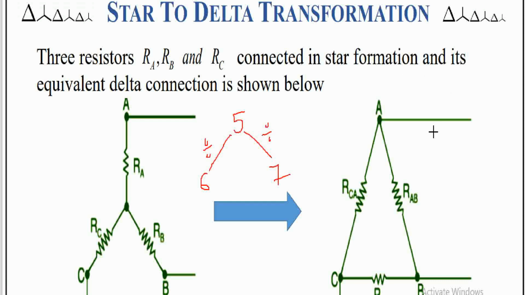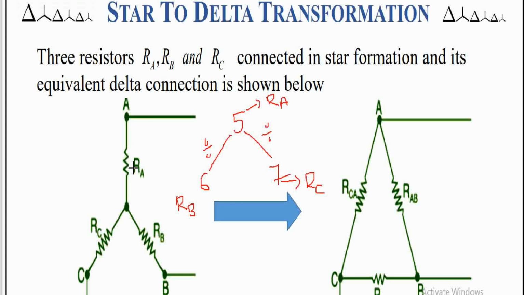In the delta to star transformation, what you have done? 2 minus 3 plus 4, 3 minus 4 plus 2, 4 minus 2 plus 3. In this, we are going to do 5 by 6, 5 by 7. 5 is nothing but your equation for RA, and 6 is nothing but the equation for your RB, and this is your equation for RC.